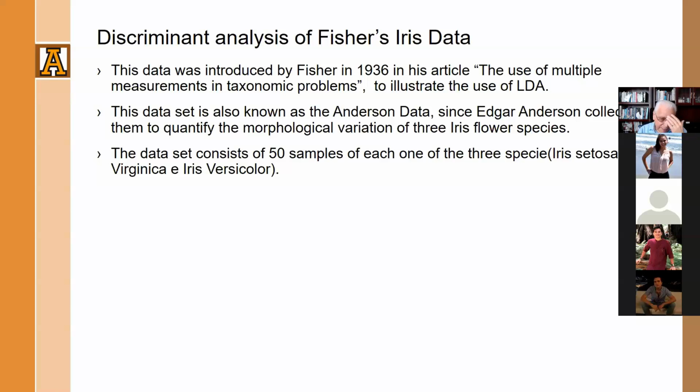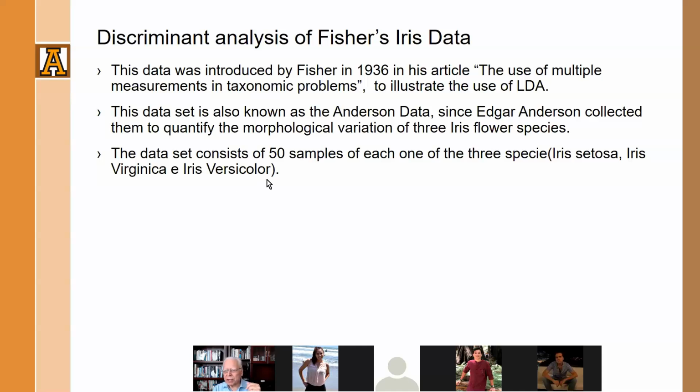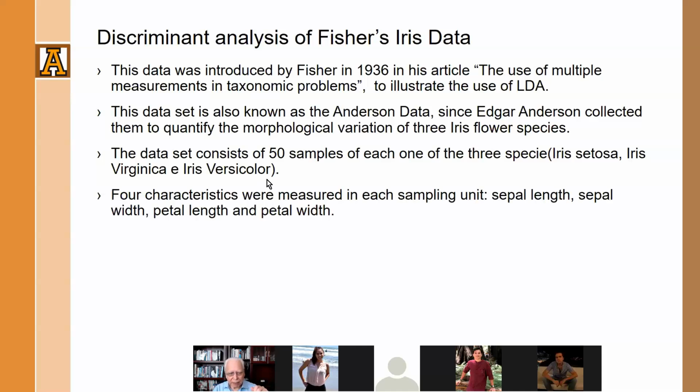We have 50 samples of each one of the 3 species. And the species are Setosa, Virginica, and Versicolor. The characteristics measured for each flower are sepal length, sepal width, petal length, and petal width. So we have 4 measurements. The 4 are continuous.